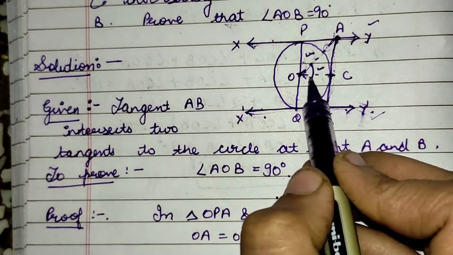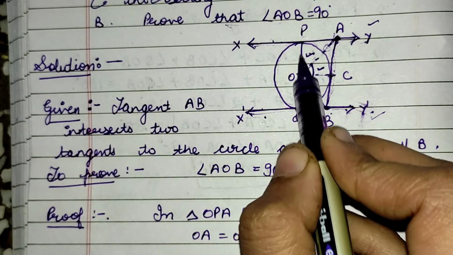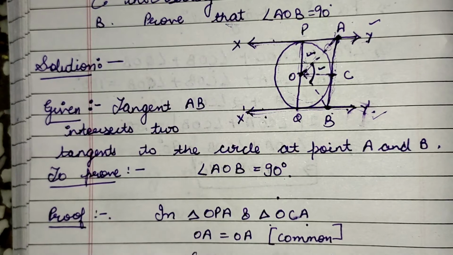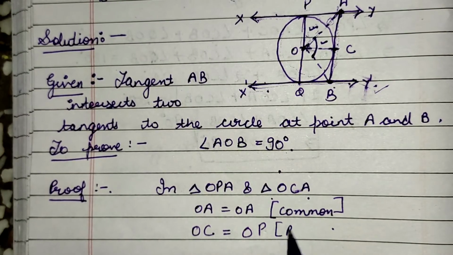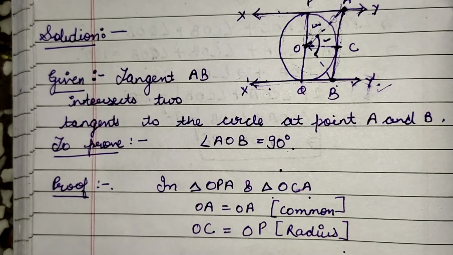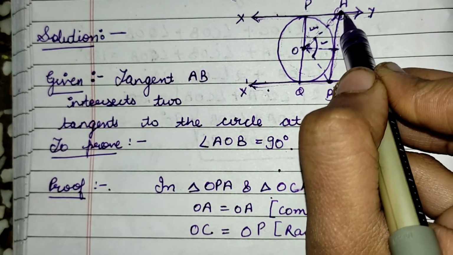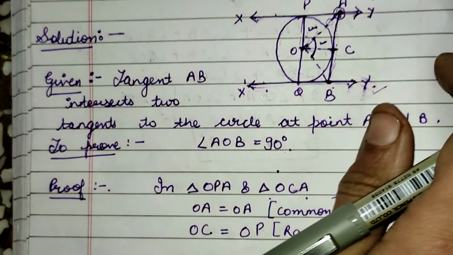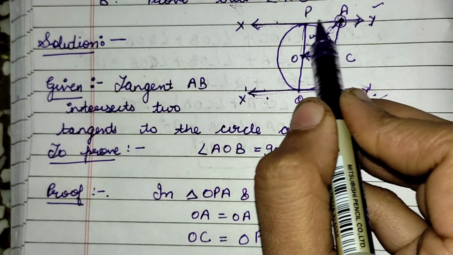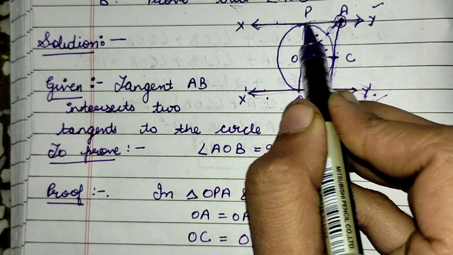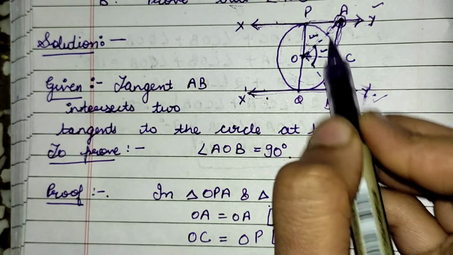Next, OC is equal to OP. Why? Because it is the radius of the circle. Next, you can see that A is an exterior point to the circle, and from this exterior point two tangents are drawn, which are AP and AC.